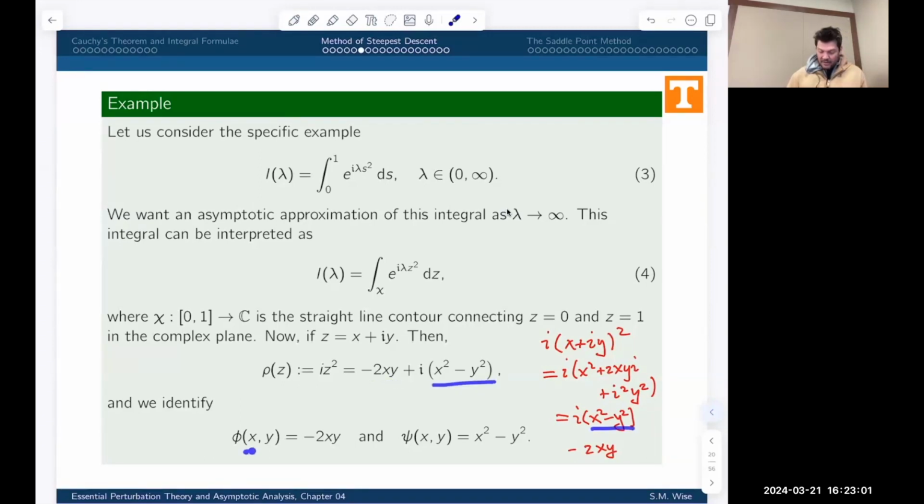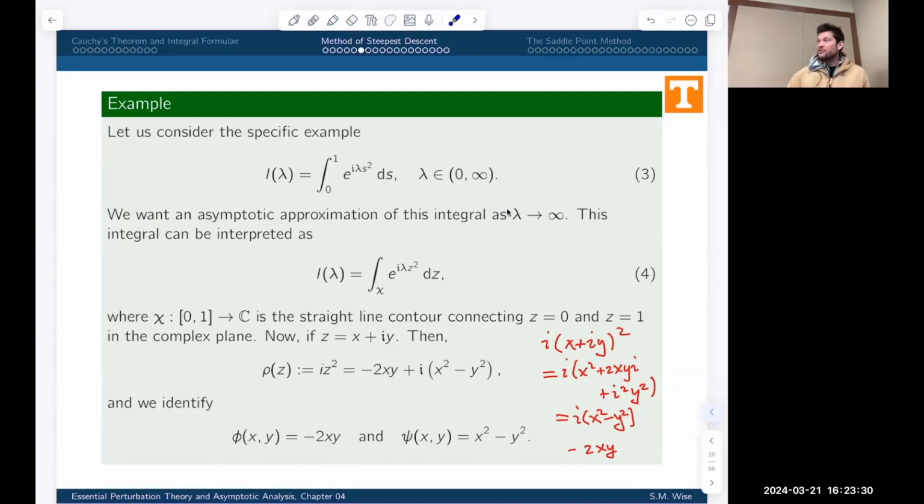So that gives me these identifications. Phi is equal to minus 2xy, and psi is equal to x squared minus y squared. And I'm going to use the same abuse of notation that I talked about earlier. I'm oftentimes going to write this as phi of z and psi of z, even though they're really functions of two real variables. Okay, so that's the identification that I have to make.